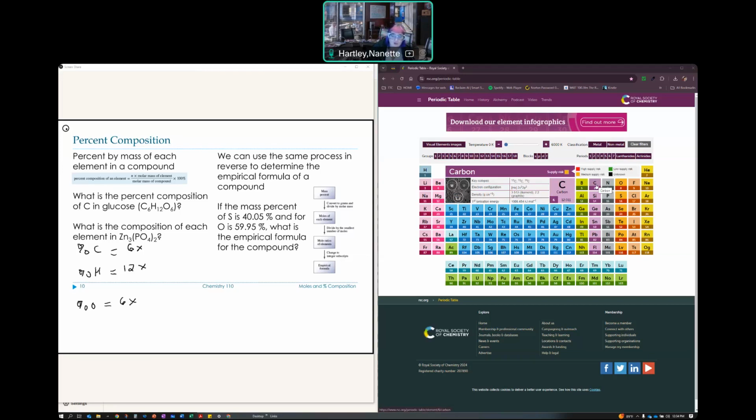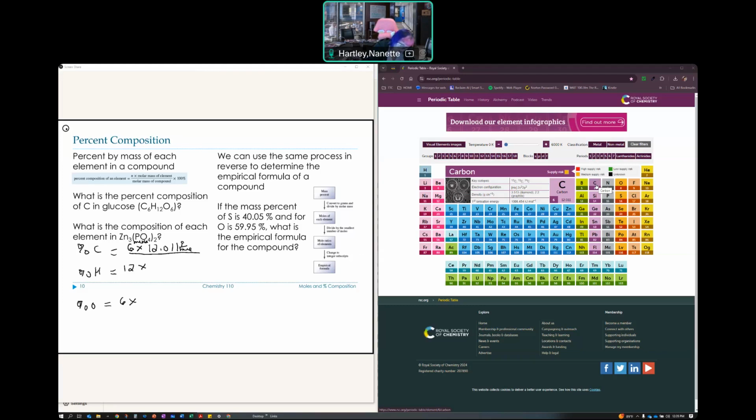Mass that's listed here for carbon is 12.011. Now that is grams per mole. This technically is moles. So when I do that, that's going to give me grams.